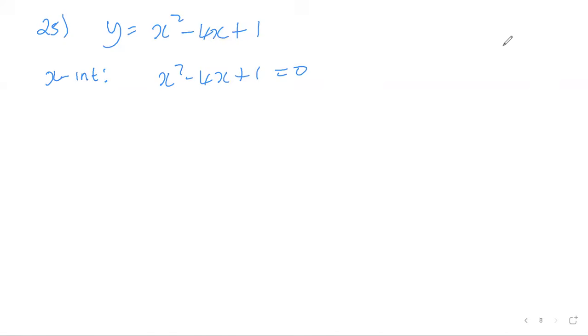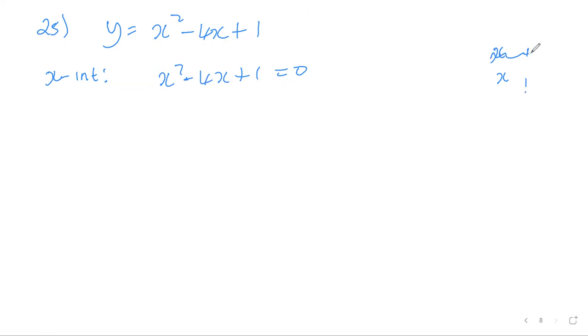Let's try to factor our expression there. We get an x for x squared. I don't think it's factorable. We are not getting the factors, and with 1 you can never get 4x in the middle.